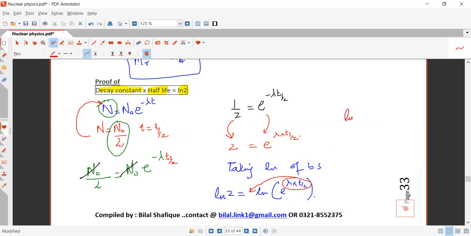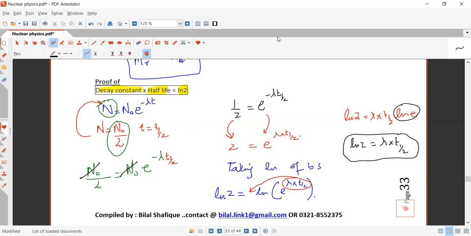So natural log of 2 equals lambda times t half times natural log e. Now you know that natural log e is 1. So we proved it: natural log 2 equals lambda times t half. So this proof will last for 3 to 4 marks, right, students? So let's stop for a minute because I think the chapter is finished.